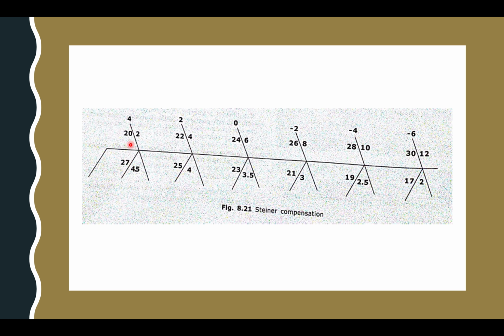Then with orthodontic therapy, if we arrange the upper incisor at an angle of 20 degrees and only 2 mm linear measurement, and the lower incisor at 27 degrees and 4.5 mm of linear position, then they may appear as a normal occlusion irrespective of your skeletal discrepancy.